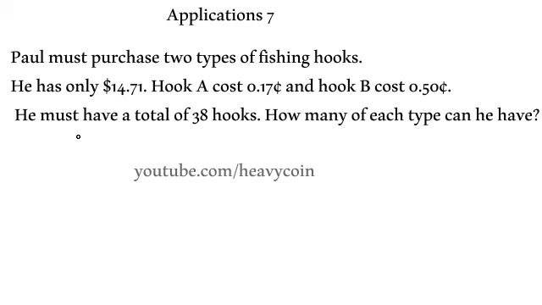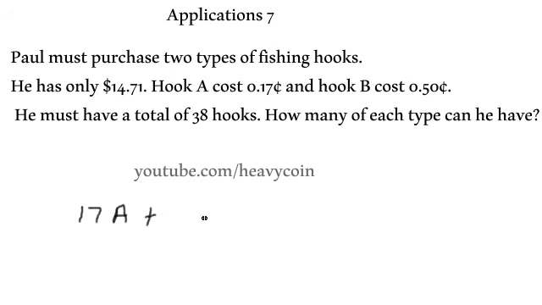This is just like the previous problem, except it's a different scenario. So we're going to call our variable here A, and hook A costs 17 cents. Now remember, I'm going to move the decimal place over 2 places to the right.